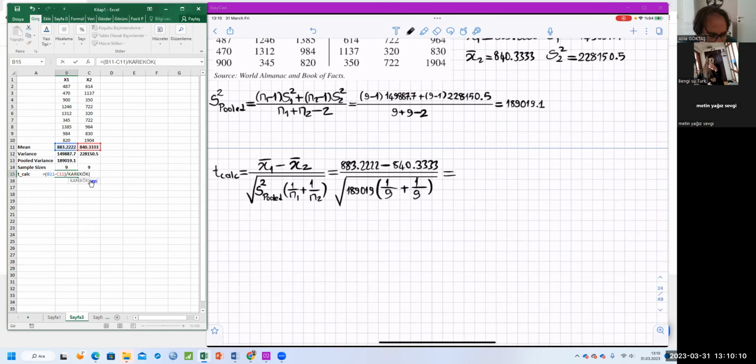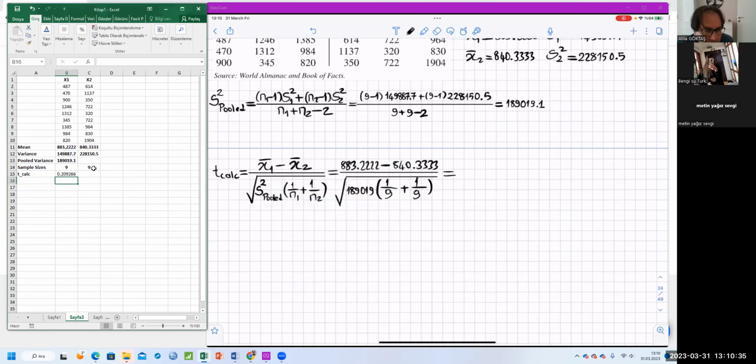There you go. And I need to write the pooled variance, B13, times the reciprocal: 1 divided by 9, plus another one, 1 divided by the second sample size, and I close the bracket.